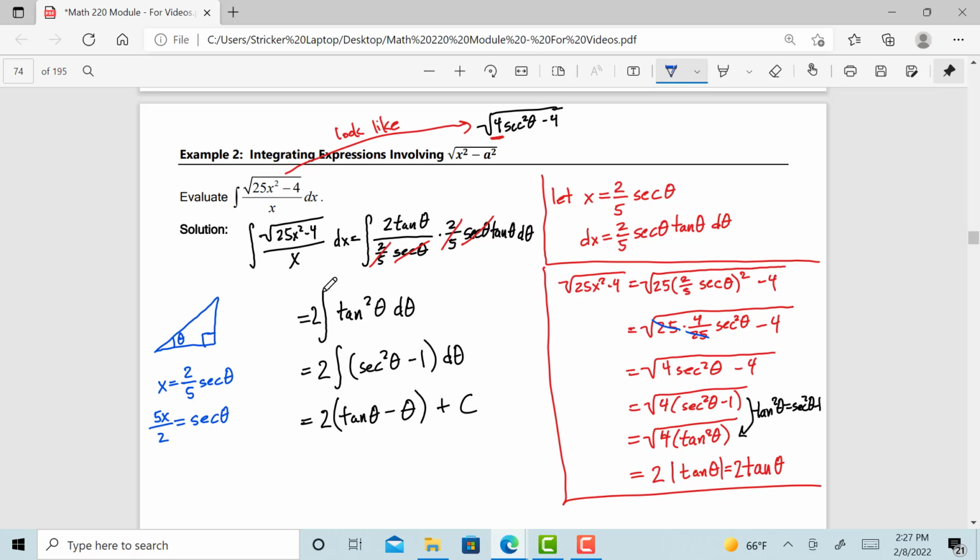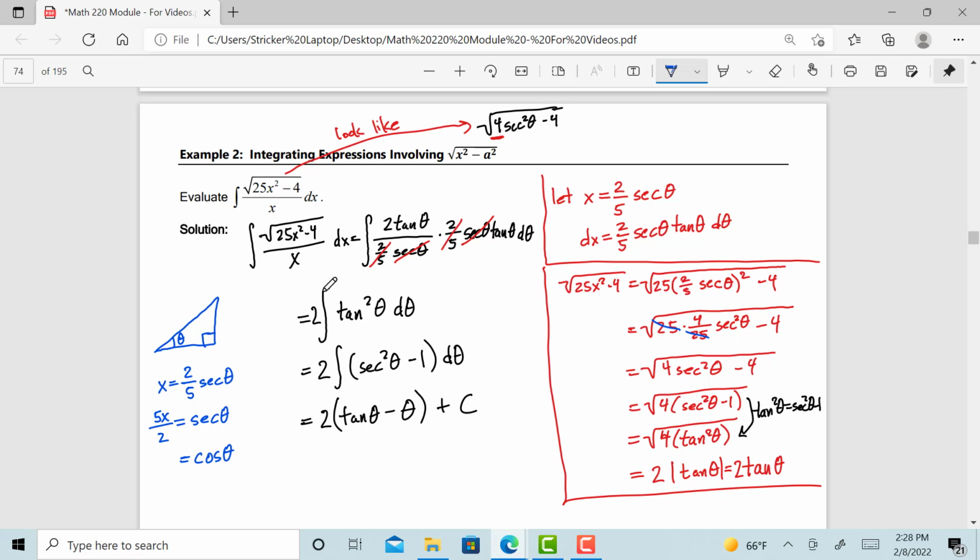So if you'll recall, which function is the reciprocal function for secant? Is it sine, cosine, or tangent? If you said cosine, you would be correct. So cosine theta is the reciprocal of secant theta, which means if we're going to change this to be in terms of cosine, we also need to take the reciprocal on the other side.